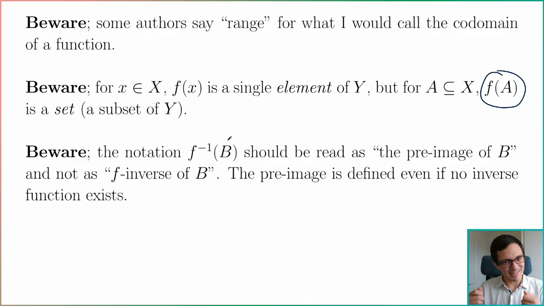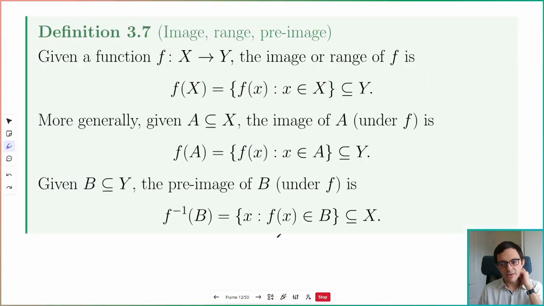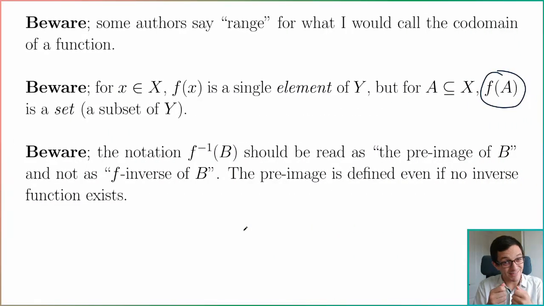So we're again expected to do a bit of unpacking, to look at each element in B and see if we can find any elements in the domain that map to that element of B. Once again, looking back at the definitions, you're looking for any possible f of x in B. There might be lots of things in B, and you're expected to find all the x values and package those into a set. So remember, this notation is a set of values of x such that some property holds. So again, we're supposed to do that sort of unpacking and repacking.